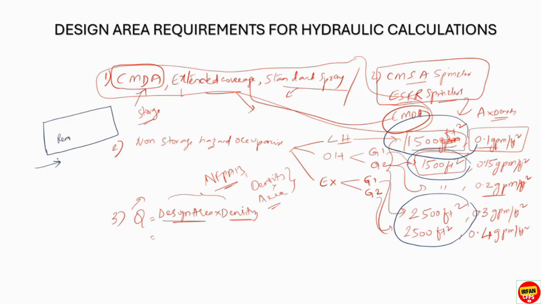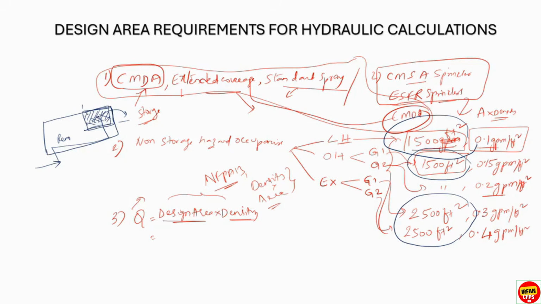For example, our piping is coming from somewhere this side and it is going towards this. So our design area will be the remotest area which we consider for performing the calculations. Otherwise, we can say this area sprinklers will be activated during the event of fire.